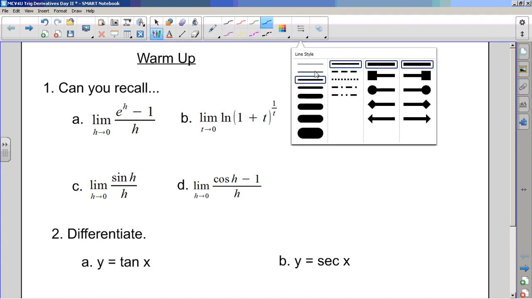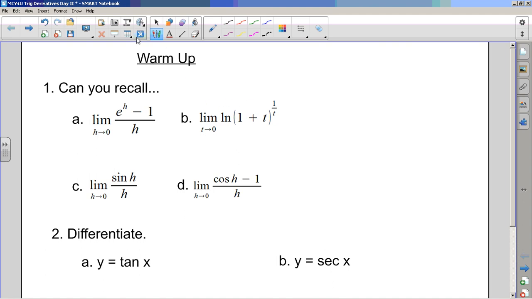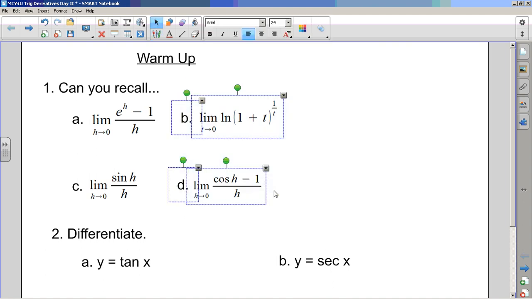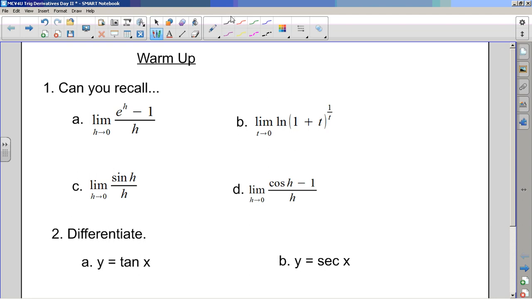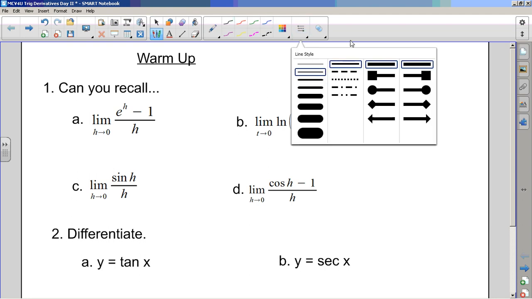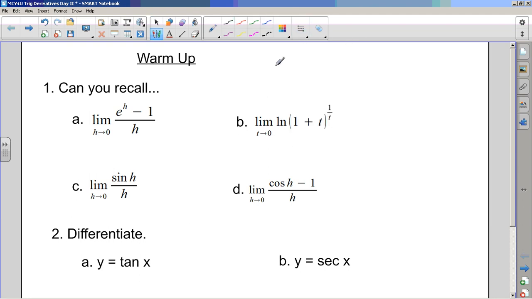First of all, remembering these fundamental limits that we've been using to prove these awesome derivatives from first principles. And again, I said what you have to do is just remember what their values are. Now, the question is, do you remember what their values are? And this one is 1. This one is 1.